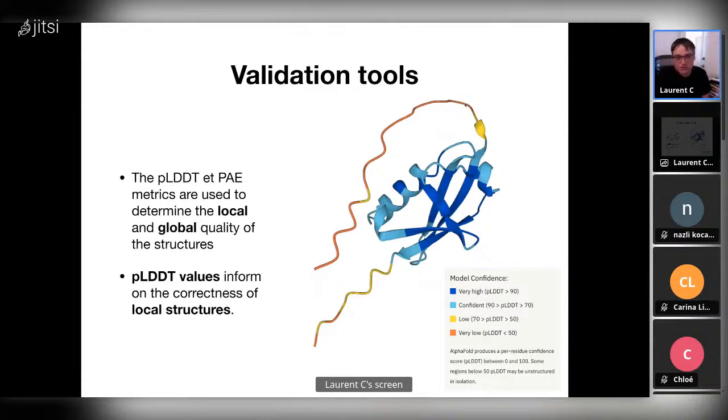So pLDDT values are one of the quality indicators that is generated during the process of generating your model.